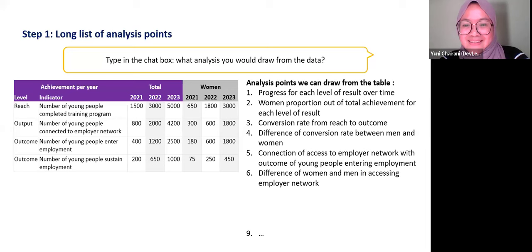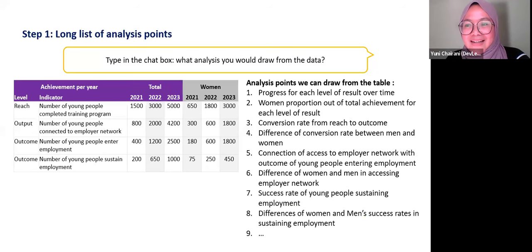The next one is maybe there is a connection between access to the employer network and the outcome of young people entering employment, because in the observation, in the monitoring process, during your work with your team, you heard a lot of good things about this employer network. Maybe you want to focus on that. And on top of that, you can also see the difference between women and men accessing this employer network.